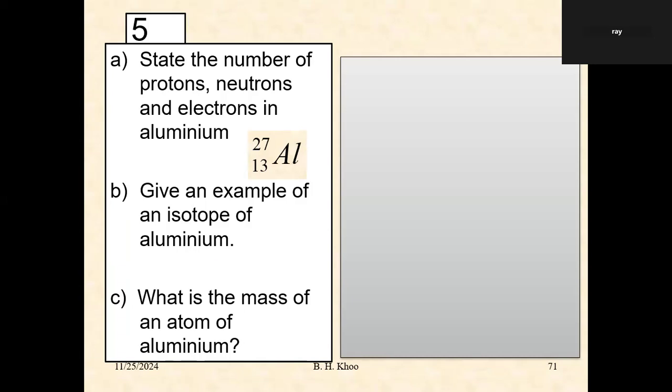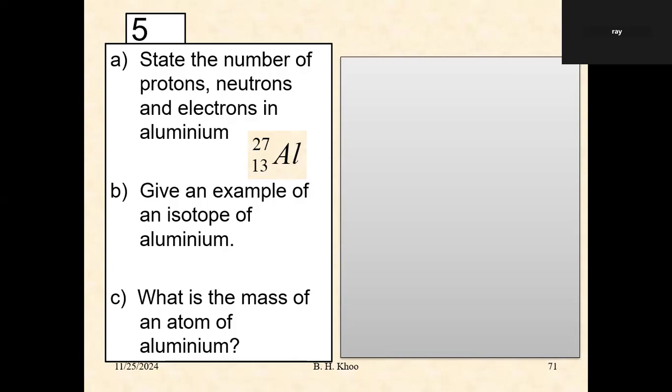State the number of protons, neutrons and electrons in aluminium. I've given you the aluminium nucleus, with 27 nucleons. Number of protons? 13. Electrons also 13.